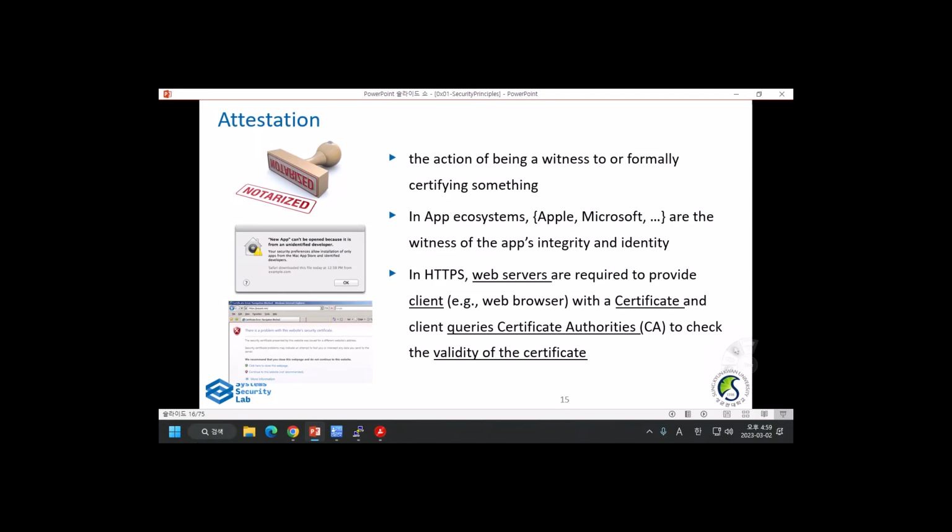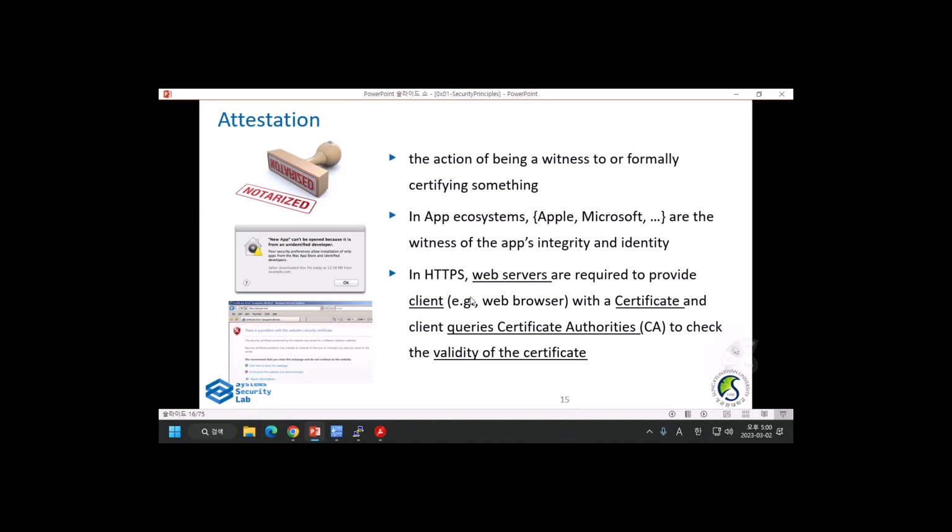This is downloaded from the internet, you shouldn't execute this. You probably get this message. Well, the question is, how does the Windows or Mac OS know that the app is not from their certified developer? It's because of these signatures, right? So this is how app stores keep their ecosystem safe, by attaching the integrity and also the signature of the trusted developers in their apps. So they're doing some kind of attestation service in that sense.